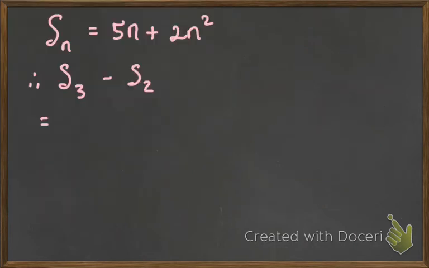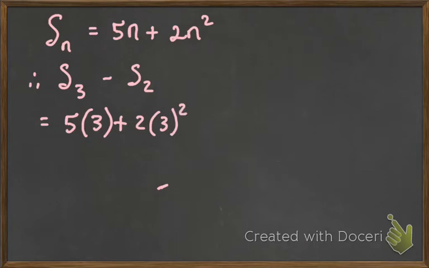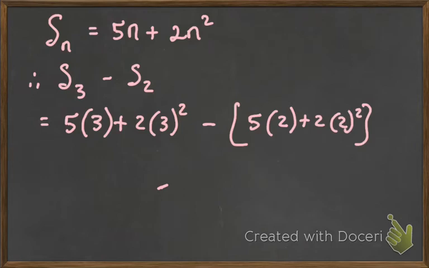And so the formula that we have, Sn is 5n plus 2n squared, gives S3 minus S2. S3 is 5 times 3 plus 2 times 3 squared, minus S2, which is 5 times 2 plus 2 times 2 squared. I'm literally just using this formula twice, first for S3 and then for S2.